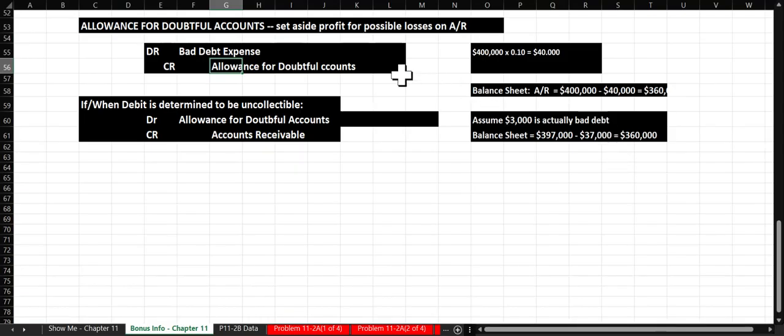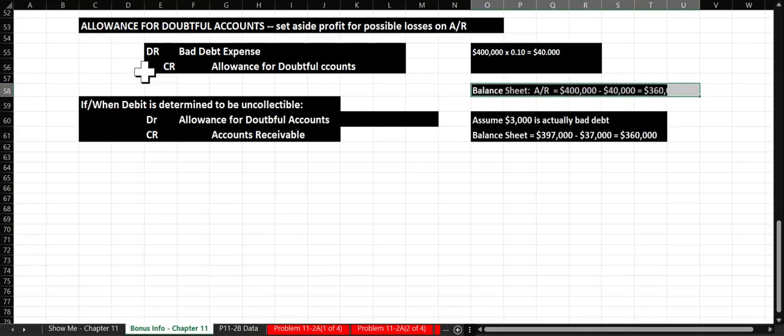What would happen then to this amount? Well, it's going to go to the balance sheet. And let's say we had the 400,000 original amount and the 40,000 allowance. We would have the 400,000 minus the allowance. And so the net would be $360,000.